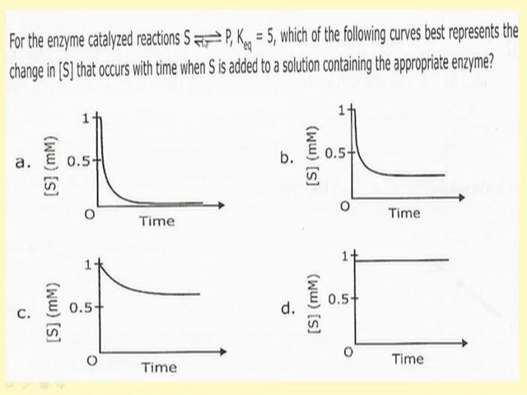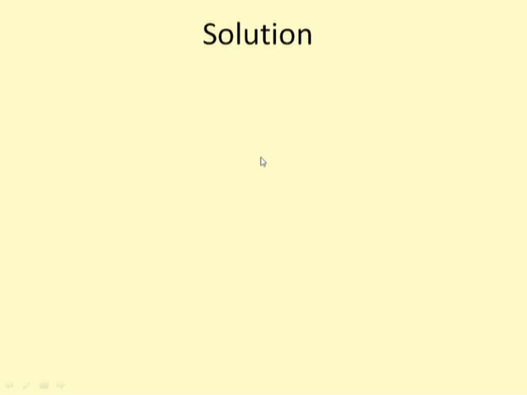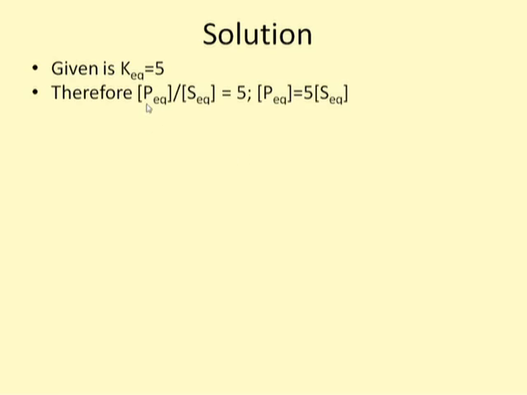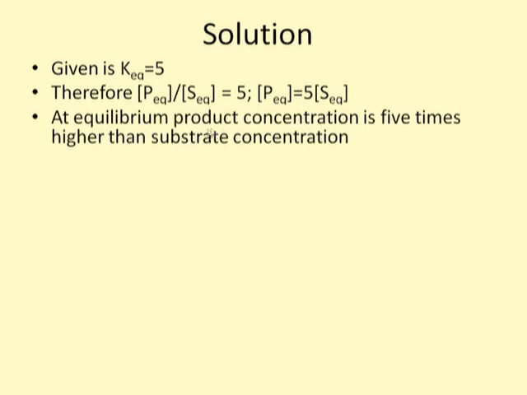Since the K equilibrium of the reaction is 5, what we have to think about for the solution is that at equilibrium, the product concentration divided by the substrate concentration is 5. In other words, at equilibrium, product will be 5 times the substrate concentration.